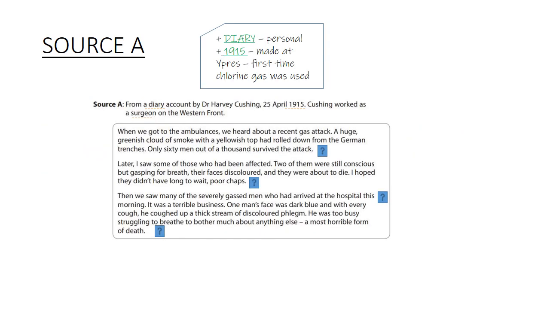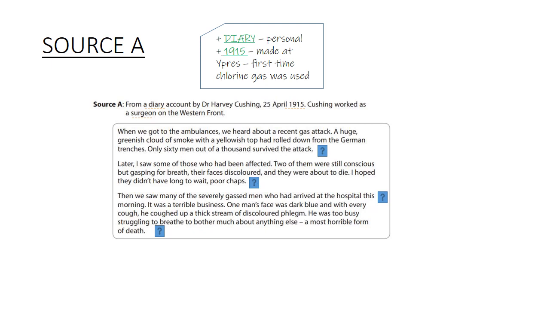First of all, we've got source A, which is a diary written by Dr. Cushing on the 25th of April 1915, and he worked as a surgeon on the Western Front. Before we even read through the text, we can see that it's useful because it's a diary, it's personal, and it would have been written by the doctor at the end of each day, so the details would be fresh in his mind.